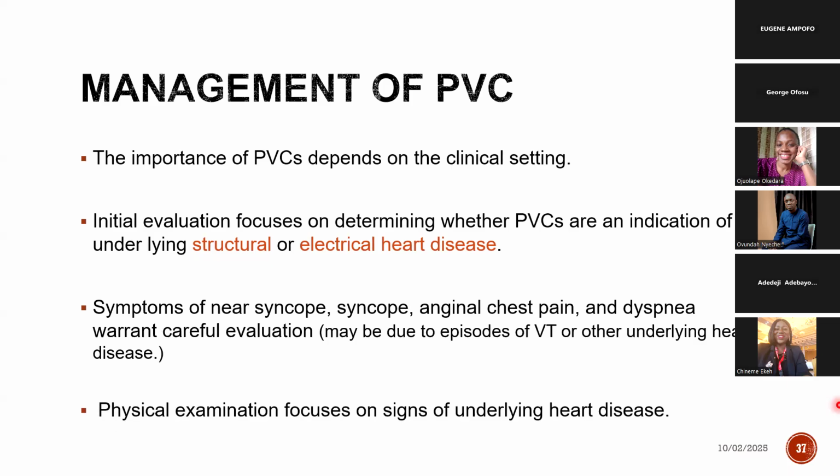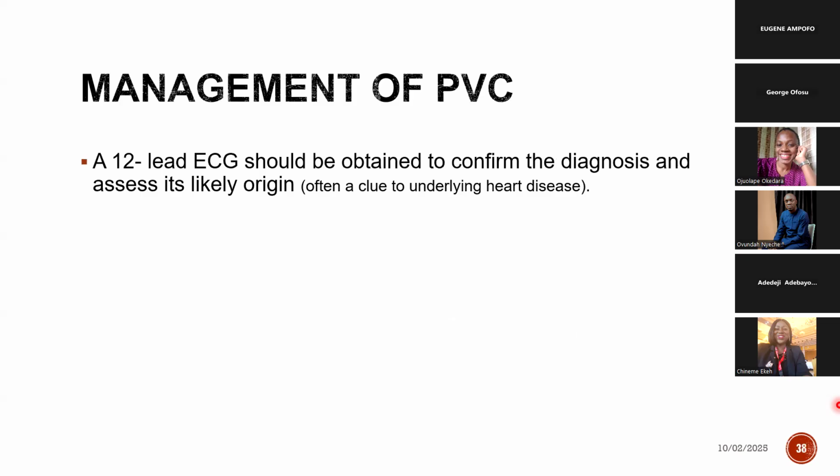Physical examination usually focuses on eliciting signs of an underlying heart disease in a patient who is presenting with a PVC. Usually a 12-lead ECG should be done, and this is aimed at confirming the diagnosis and also helps to assess the origin of the PVC.